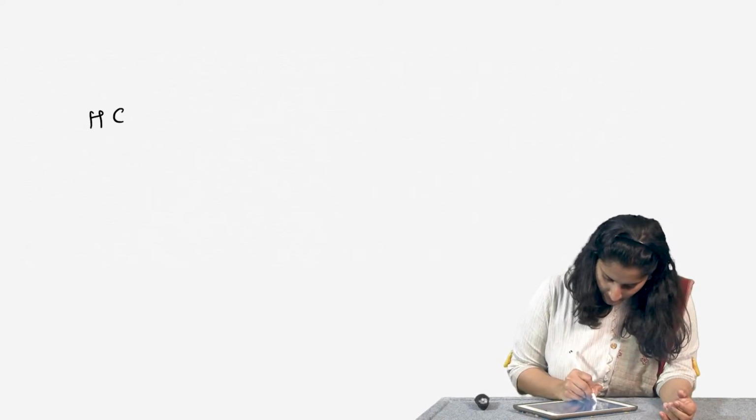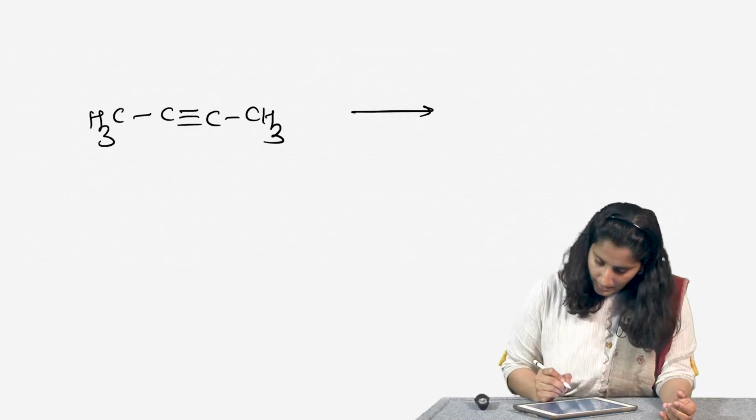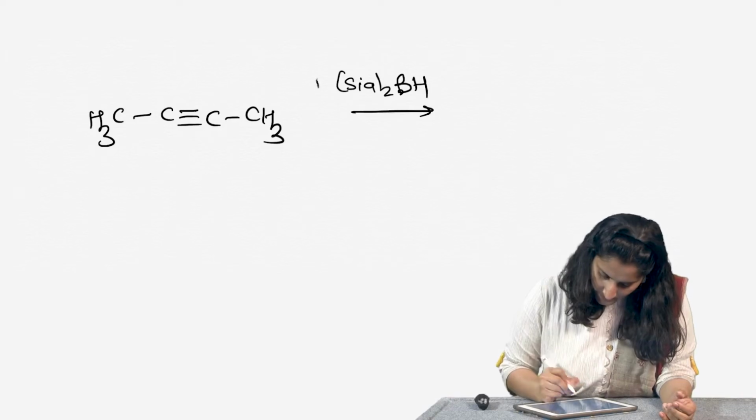So, let us take 2-butyne. And in the first step, I am going to add Sia2BH.